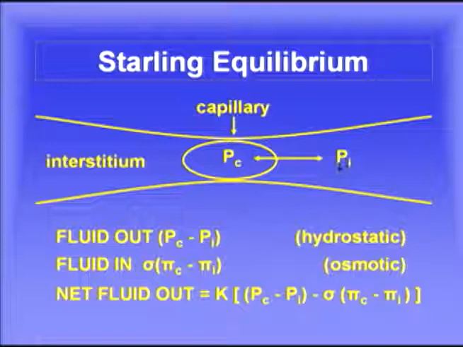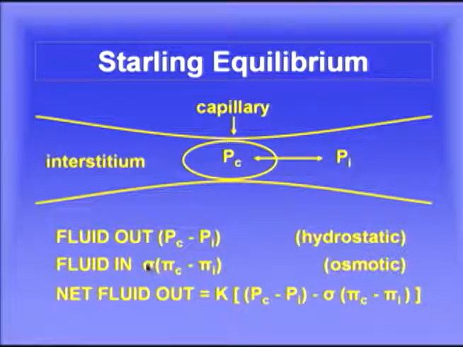Also, there is a substantial difference in capillary pressure from the top to the bottom of the lung because of the hydrostatic gradient. The hydrostatic pressure in the interstitial space is not known with any accuracy, although there are some measurements that suggest that it's very low, maybe less than atmospheric pressure. The colloid osmotic pressure in the blood is known, 25 to 28 millimeters of mercury, but the colloid osmotic pressure in the interstitial fluid is uncertain.